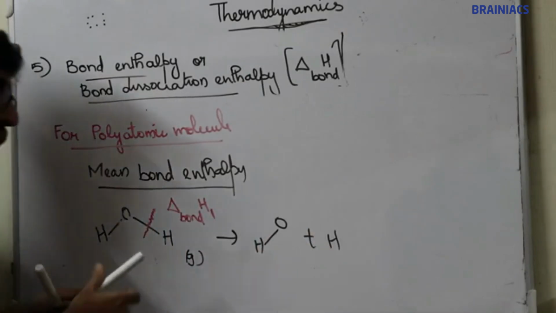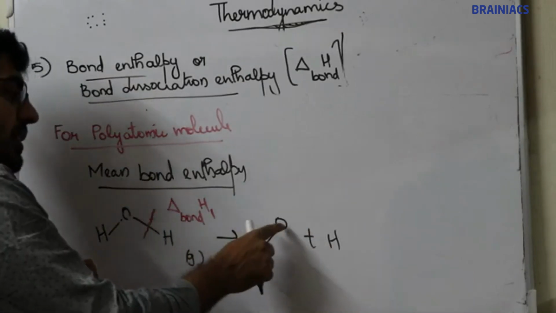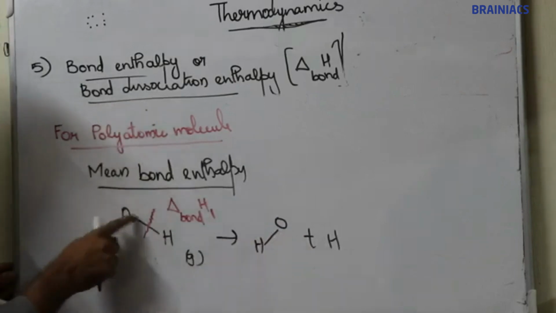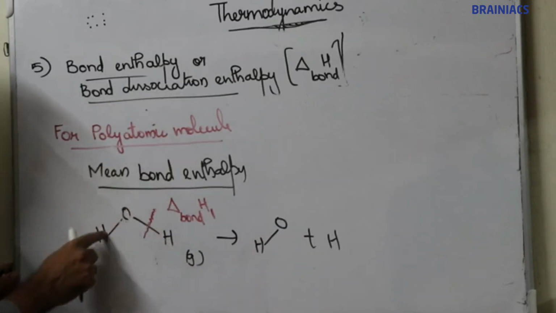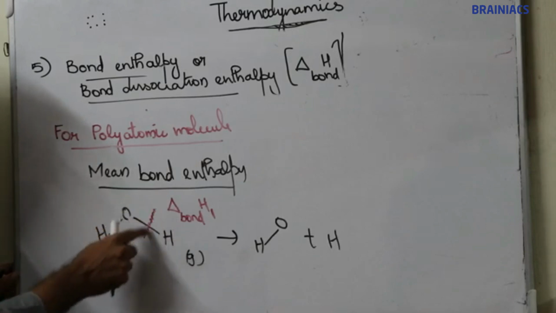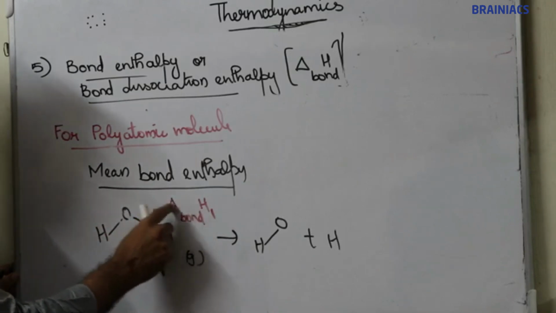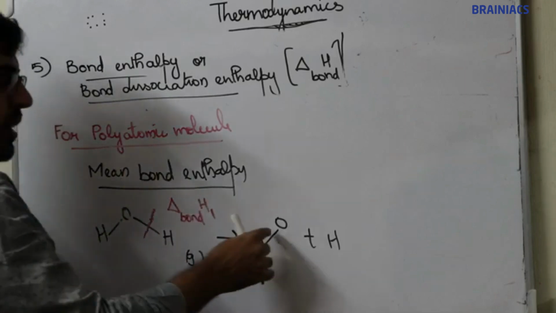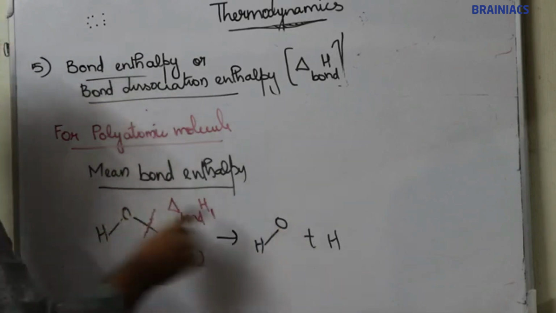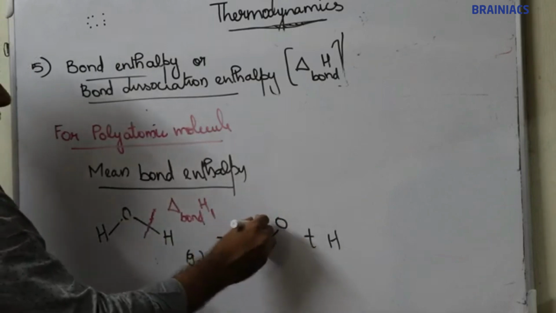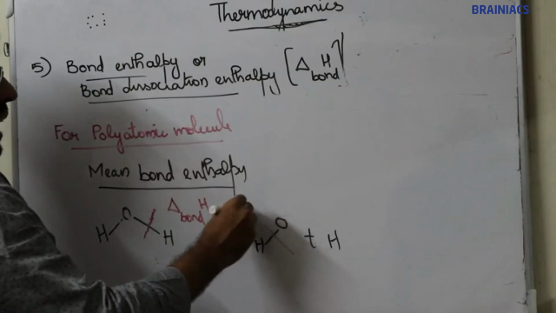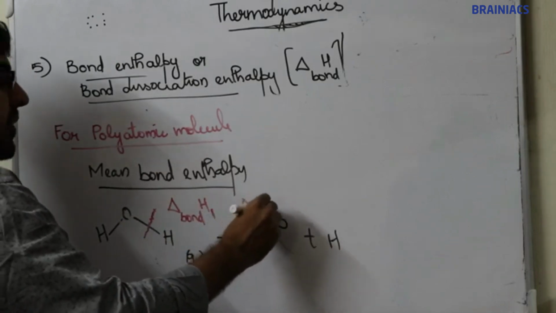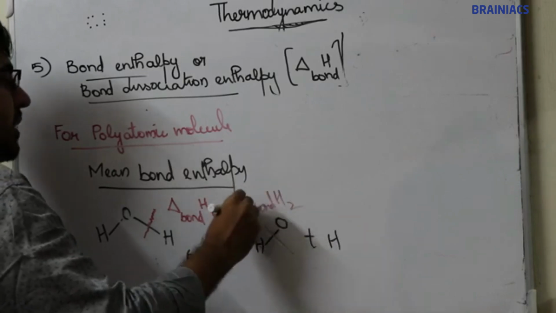There are two OH bonds. The energy required to break one OH bond is delta bond H1, and the energy required to break the second OH bond is delta bond H2.